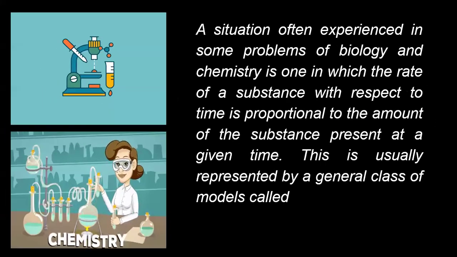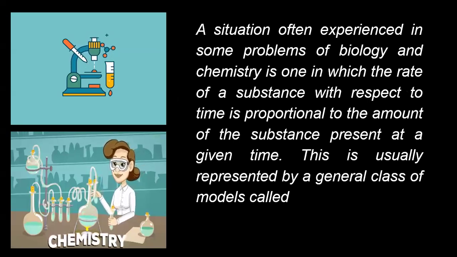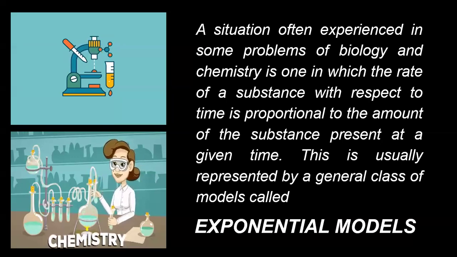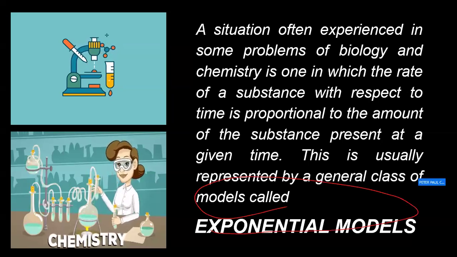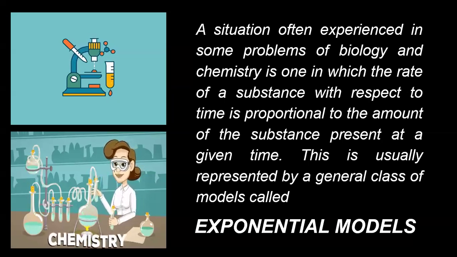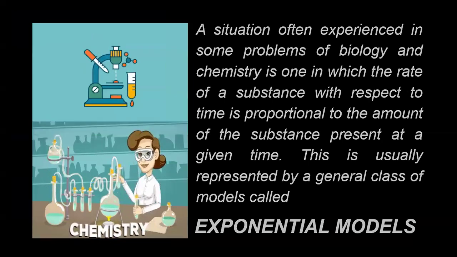So a situation often experienced in some problems of biology and chemistry is one in which the rate of change of the substance with respect to time is proportional to the amount of substance present at a given time. So this is usually represented by a general class of models, which in GenMath we also refer to as exponential models. So later, we will be applying integration formulas in getting our exponential model.